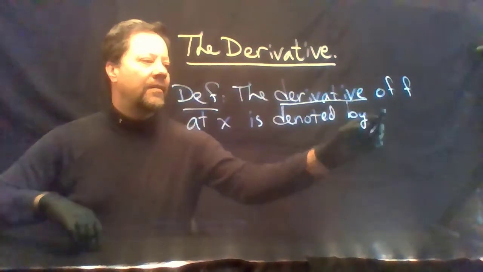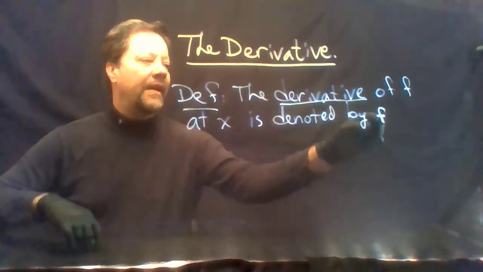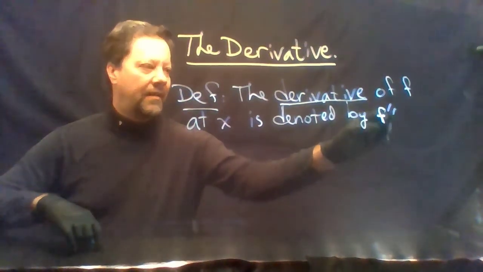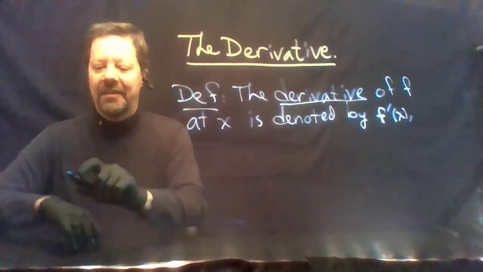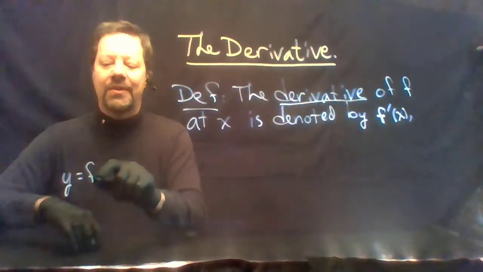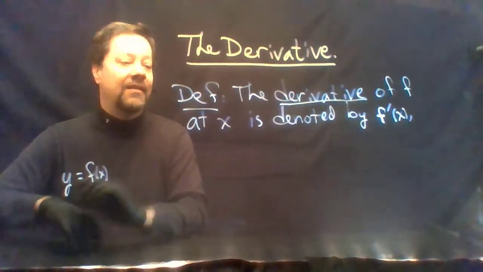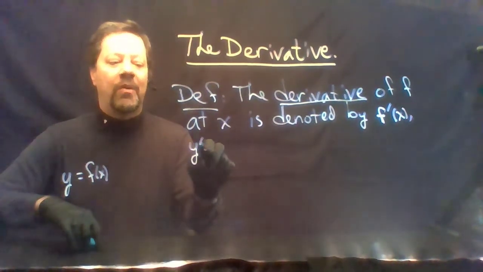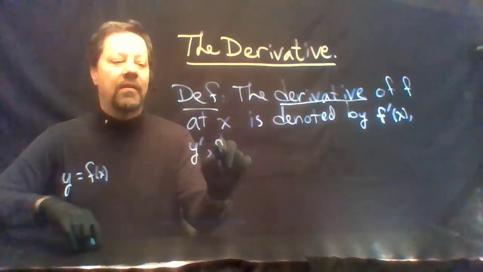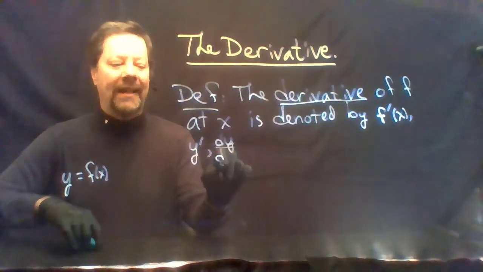First, we can often denote the derivative by f prime of x. If we have a function y equals f of x, we sometimes denote the derivative by y prime or dy dx.